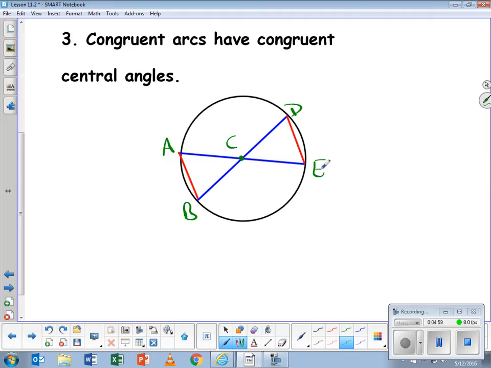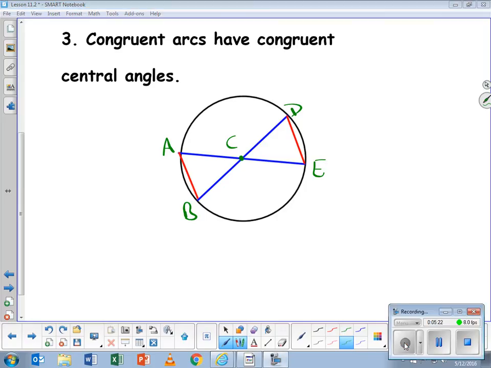C is the center of the circle, and we can look at what's going on here. Just to make sure we understand, let me stop while you copy this down and then we'll talk.